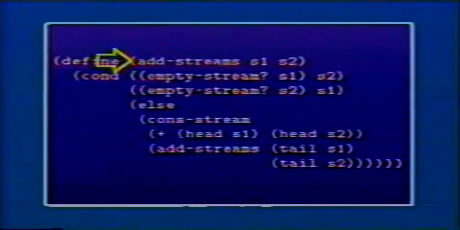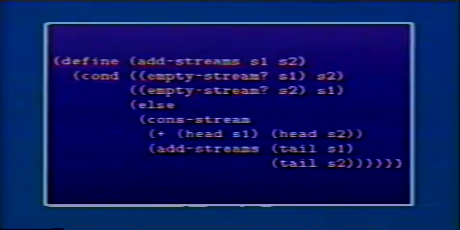Right, we just add them element-wise. If either stream is empty, we just return the other one. Otherwise, we're going to make a new stream whose head is the sum of the two heads, and whose tail is the result of recursively adding the tails. So that'll produce the element-wise sum of two streams.